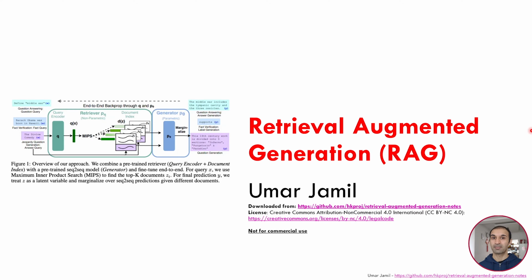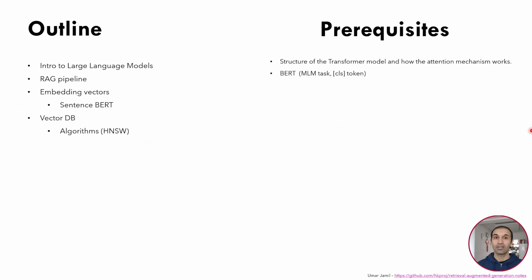So in this video we will explore what Retrieval Augmented Generation is, all the pieces of the pipeline and the architecture behind each of these building blocks. So let's review the topics of today. I will give a brief introduction to language models, so what they are, how they work, how we inference them.